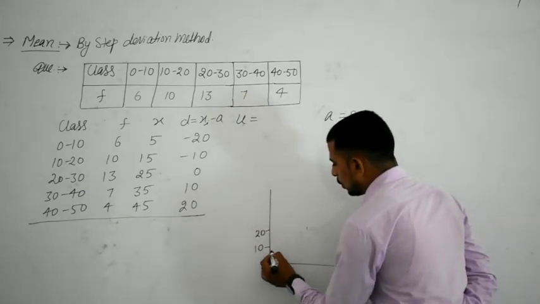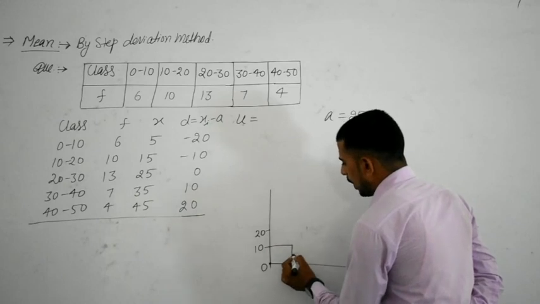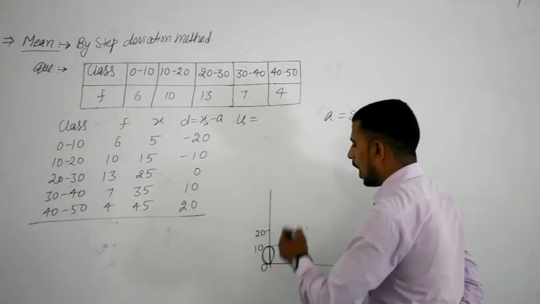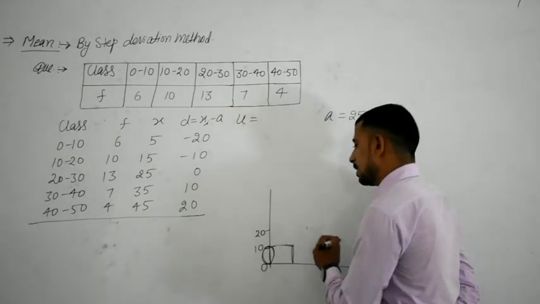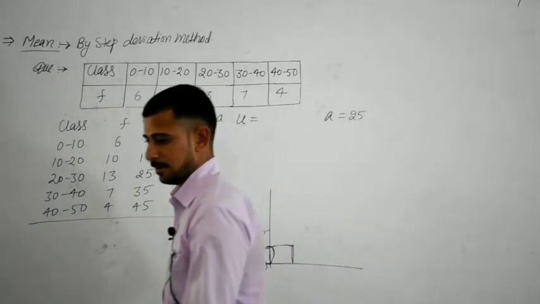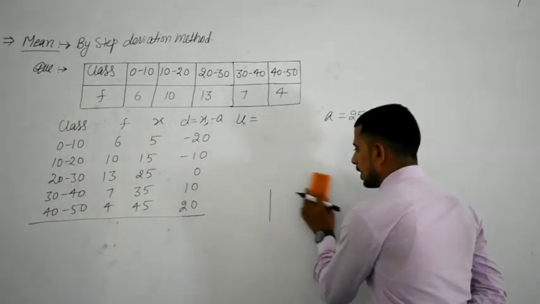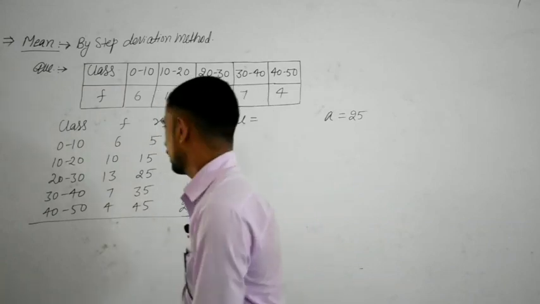If in 0 to 10 any value is given, then this 0 to 10 is the height of class. It means height of class is 10. Height of class means class interval difference.